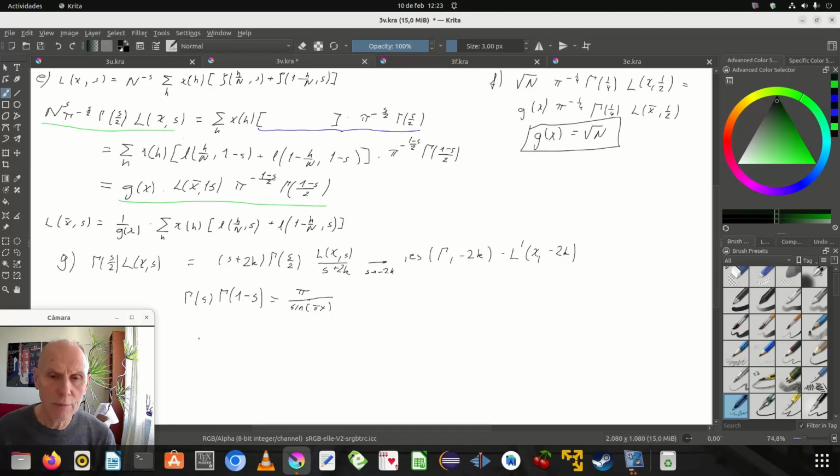Well, let's multiply with sine and divide by gamma of 1 minus s. Shouldn't it be s here? Right. I'm not wearing my glasses, so I misread the s for an x.